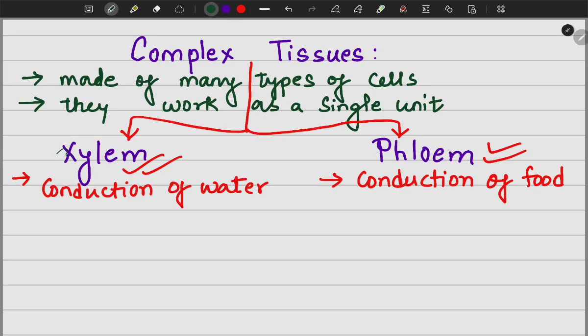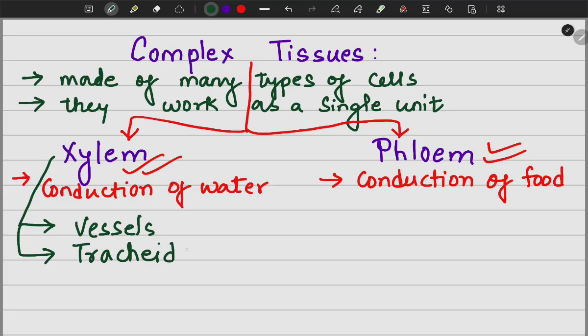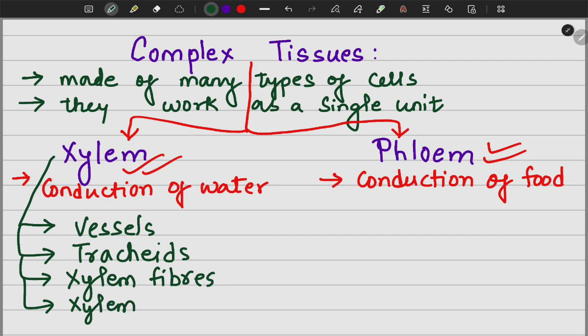Xylem is made up of vessels, tracheids, xylem fibers, and xylem parenchyma. You can see these 4 types of cells constitute the xylem. That's why it is a complex tissue.